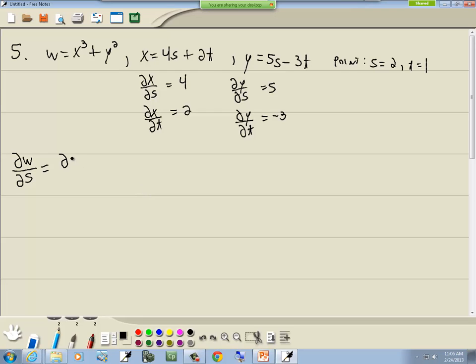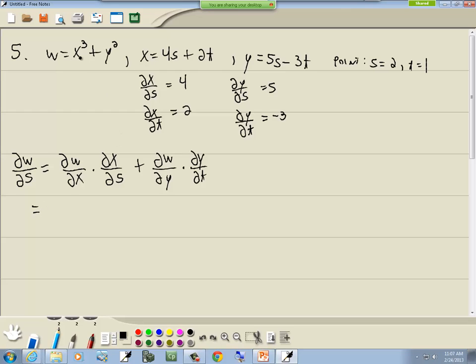Okay, so this will be the partial of w with respect to x, that's our first variable, times the partial of x with respect to s, plus the partial of w with respect to, now we're dealing with the other variable, which is y, times the partial of y with respect to t.